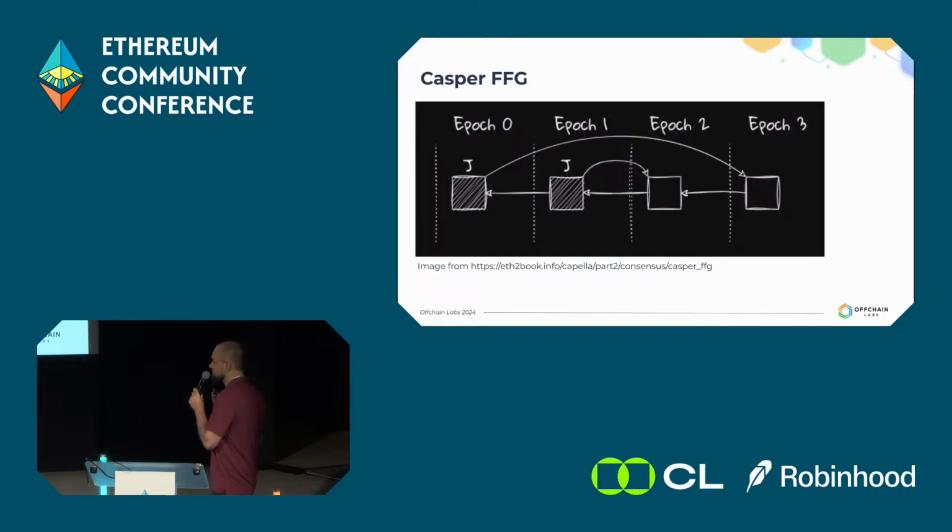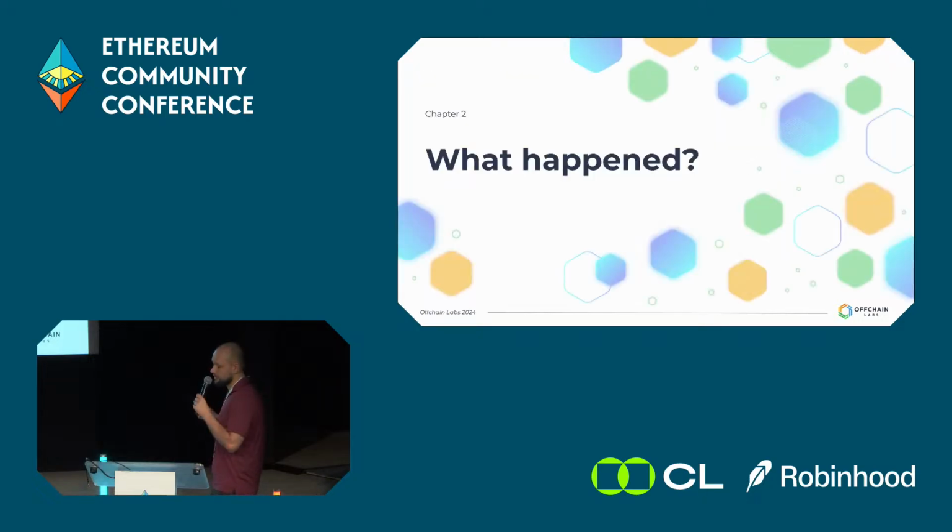For security reasons, if you do that, then you get slashed. So a validator would never do that, and clients have something called slashing protection, which prevents validators from casting such a vote incidentally. So now that we know that, we can turn to Holesky and see what actually happened over there.